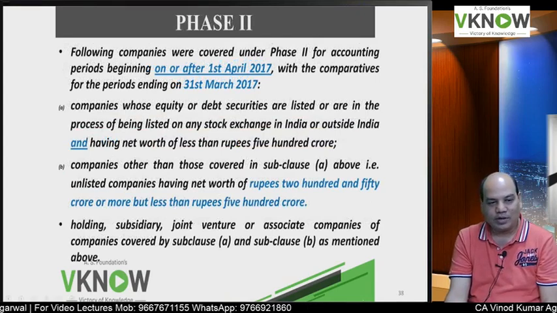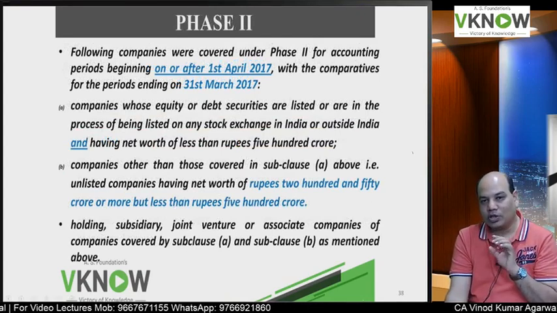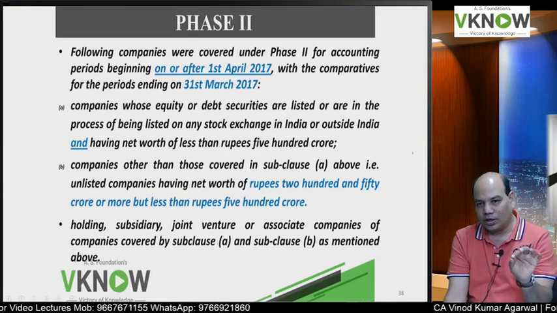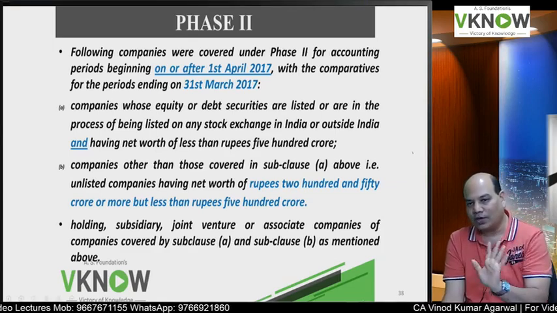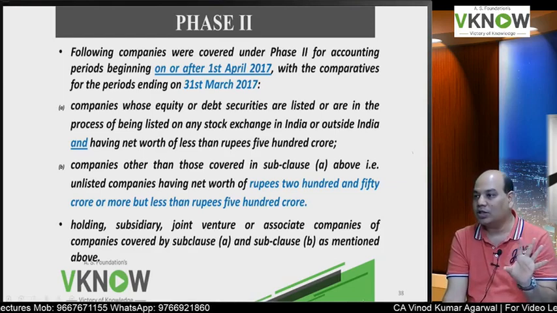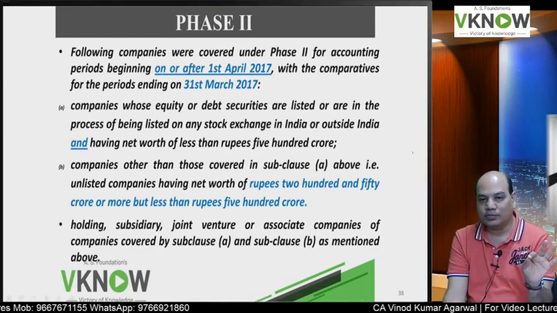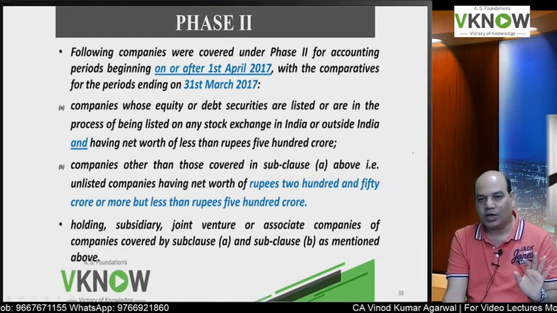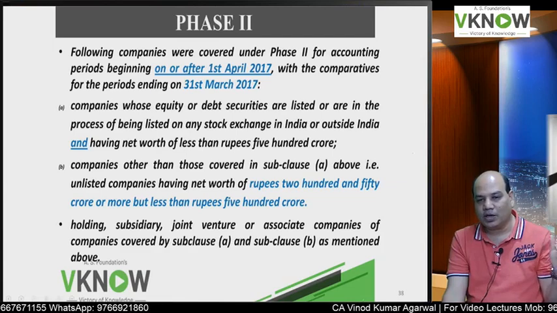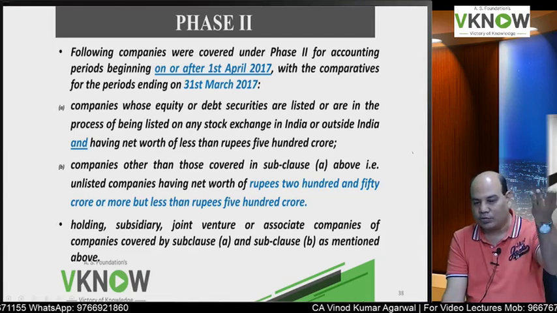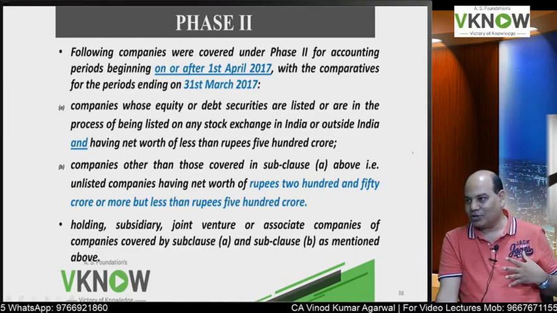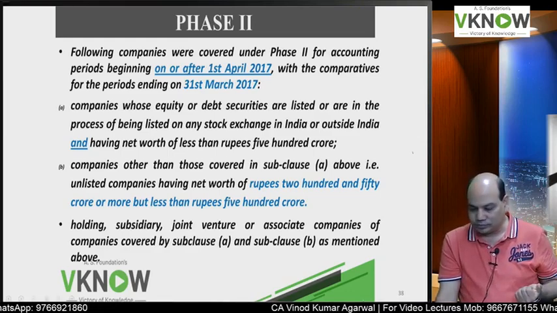So phase 1 I will revise. Listed company or in the process of listing plus net worth equal to or more than 500 crore, or unlisted company with net worth more than 500 crore, and if you are a subsidiary, parent, associate or joint venture of either of the above two companies, then you have to follow Ind AS.